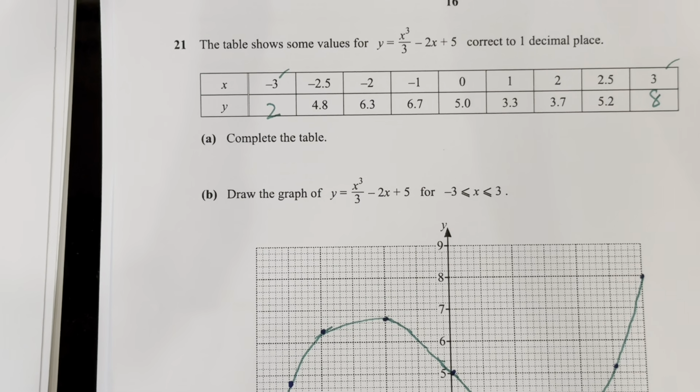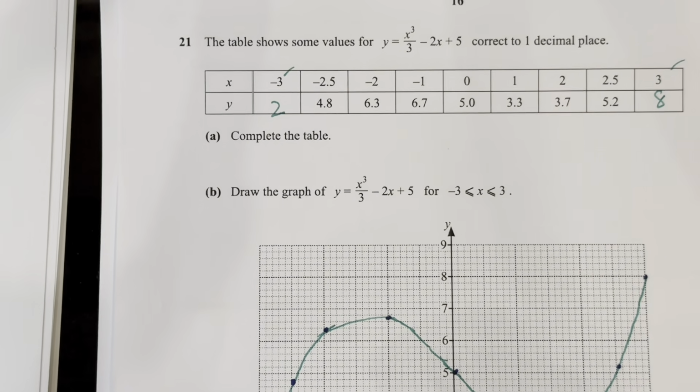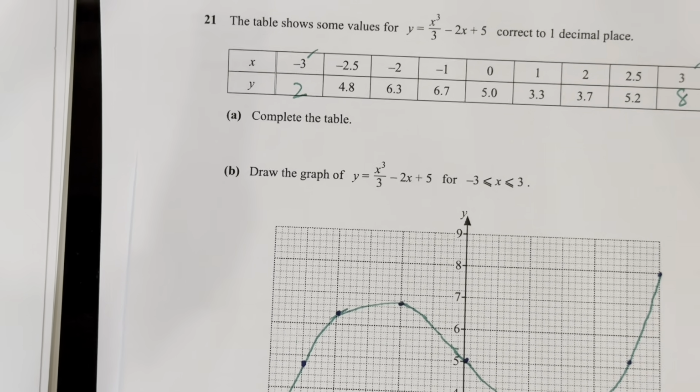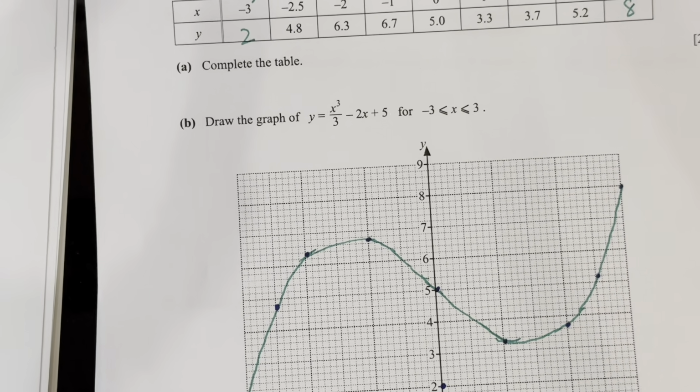For x equal to minus 3, the value of y is 5.5.